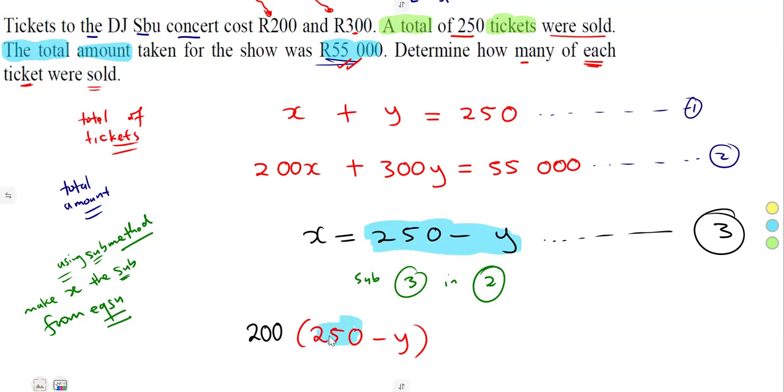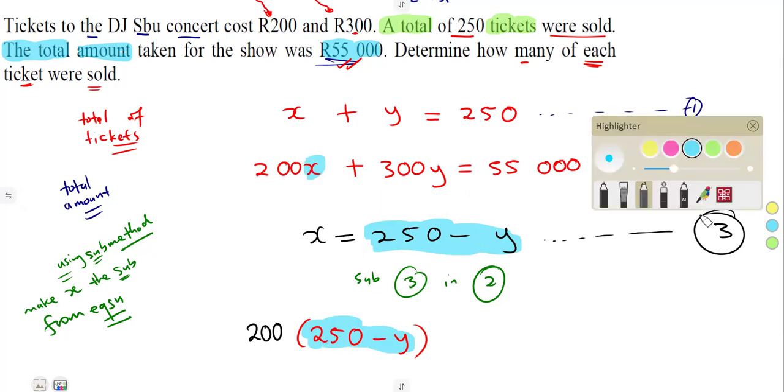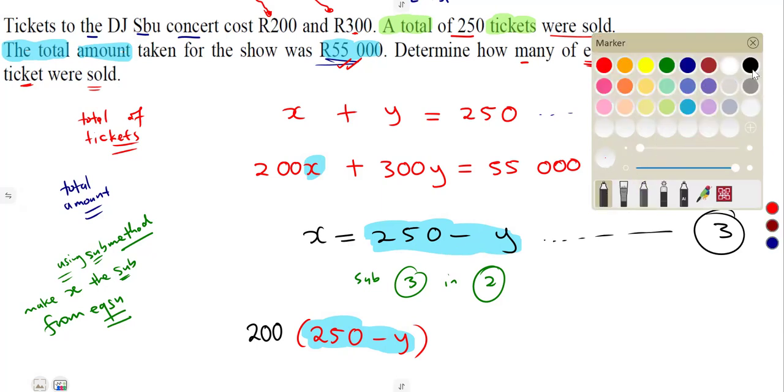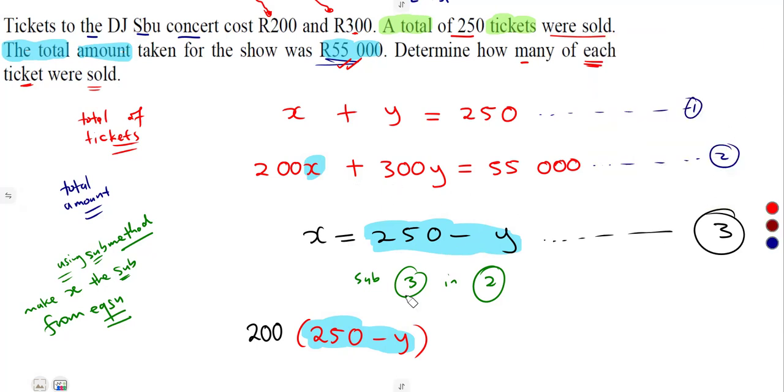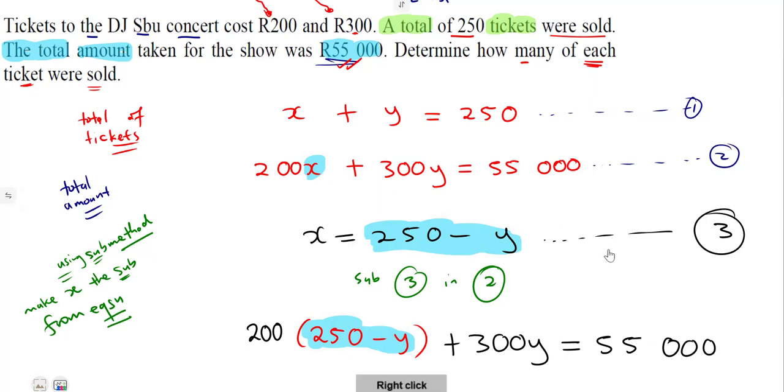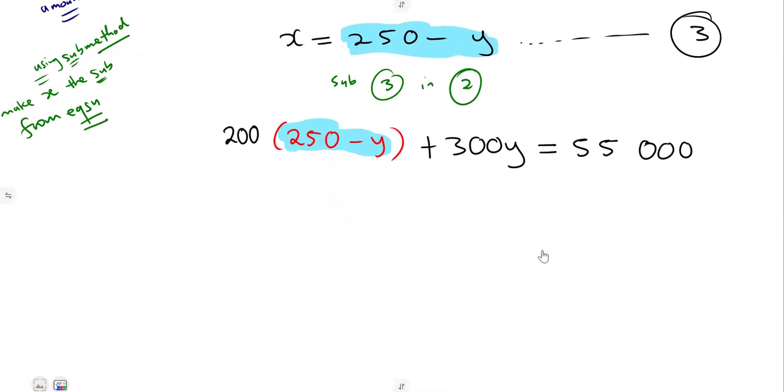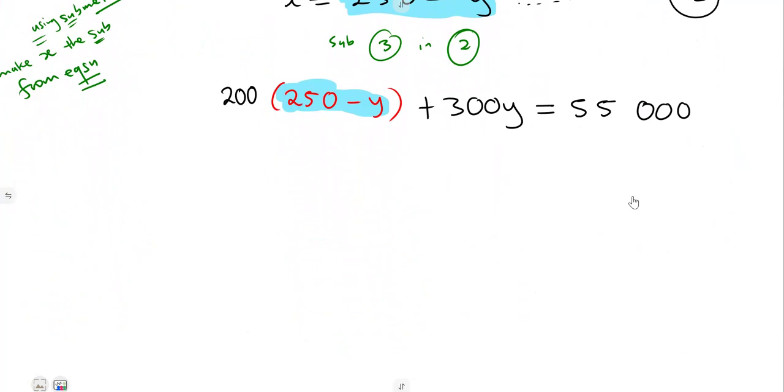So you substitute that in place of x in equation 2. The rest remains as it is, plus 300y is equal to 55,000. Just like that. So with this equation, we can see that we have only y as the unknown.